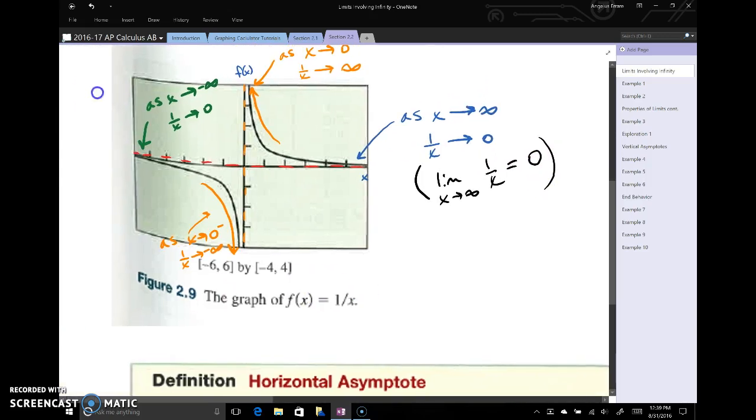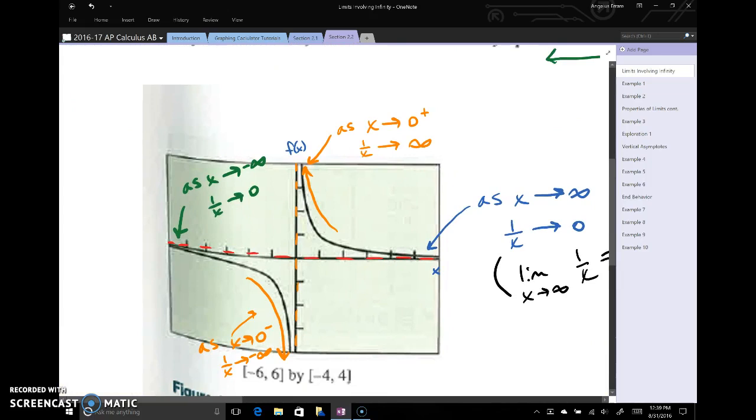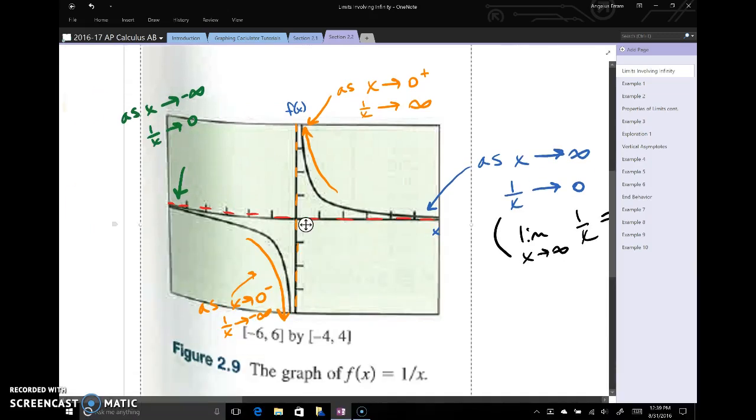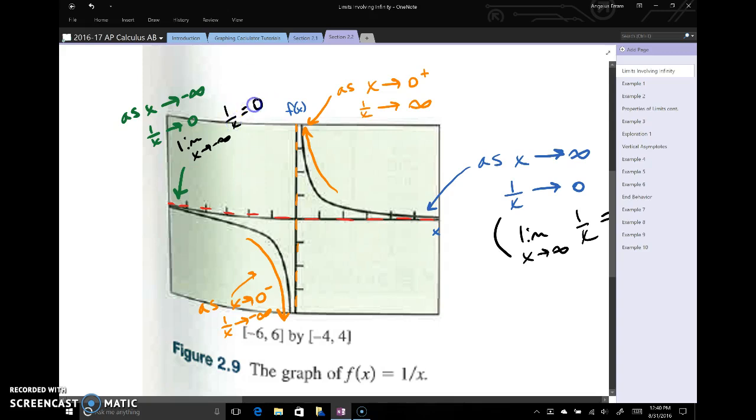And then over here, we could write the limit as x approaches negative infinity of the function 1 over x is equal to 0.